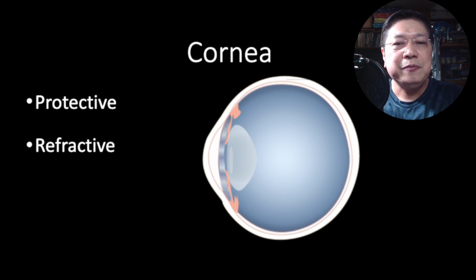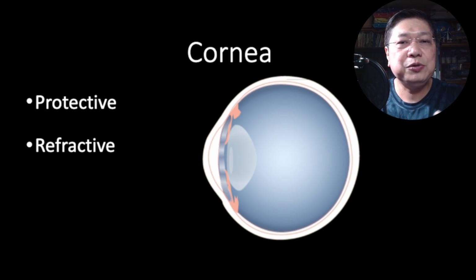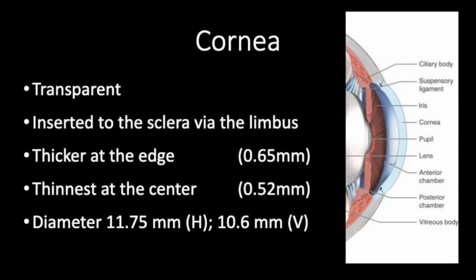That is why when we do LASIK surgery, that is the area that we try to modify, because modifying the cornea gives the best result when you try to decrease the grades of your eye. Now, your cornea is basically transparent.